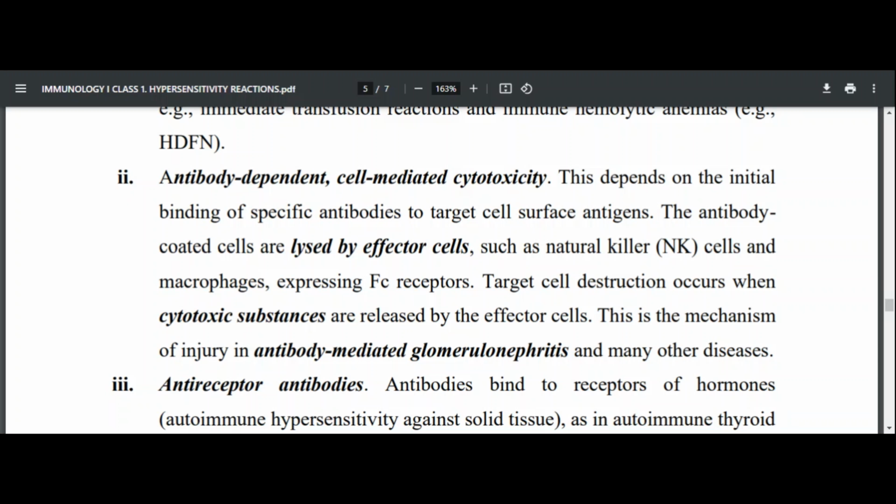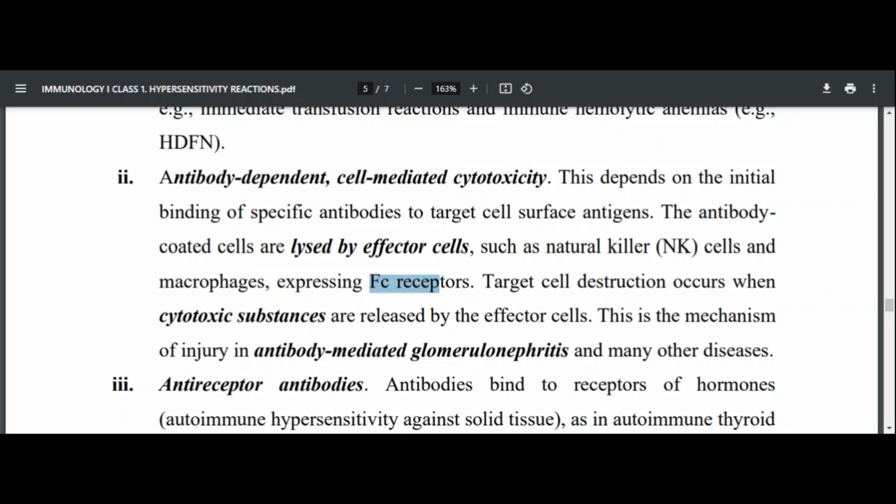And as you remember, natural killer cell and macrophage both express Fc receptors. And what is the Fc receptor? It is a fragment characteristic of the antibody, that is, the Fc receptor, which is expressed on this effector cell, which is going to recognize antibody that has bound to the antigen on a certain cell. Then it is going to stimulate destruction of that particular cell that carries an antigen. So that is what we call antibody-dependent cell-mediated cytotoxicity.